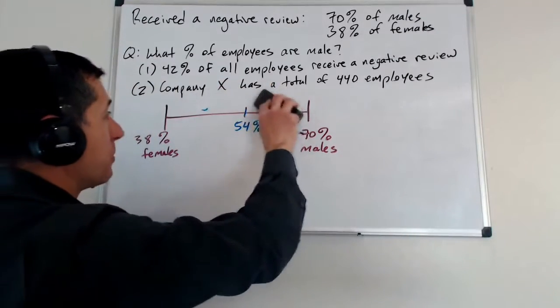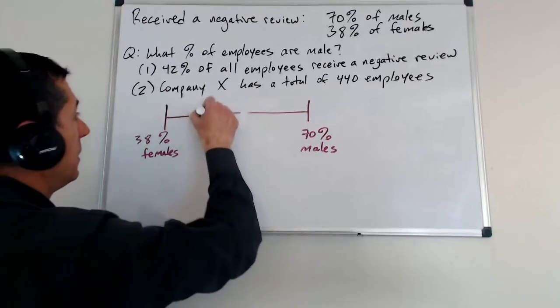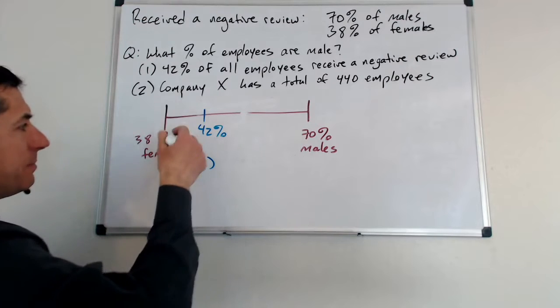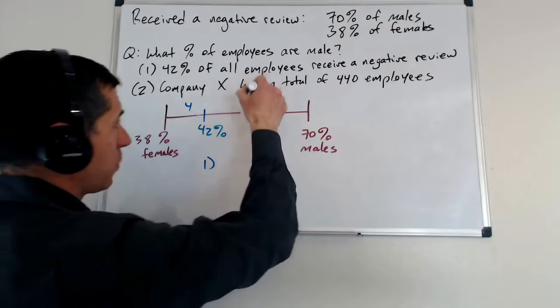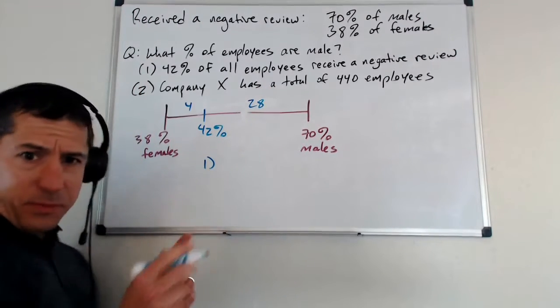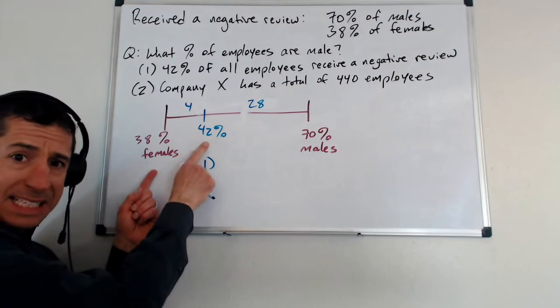So now it's 42%. Step one here, I'm just going to do a little bit of subtraction. This is 4. 70 minus 42 is 28. First of all, the intuition you should be anchoring yourself in is that I know I have more women. Has to be true, right?